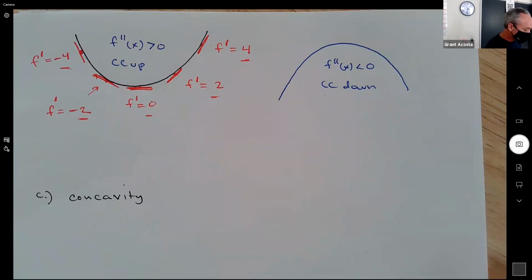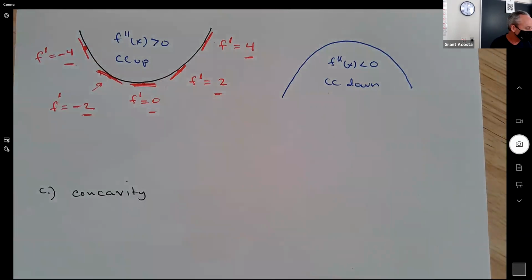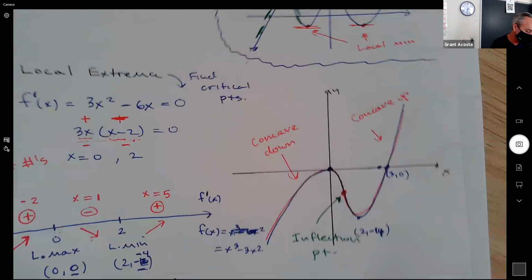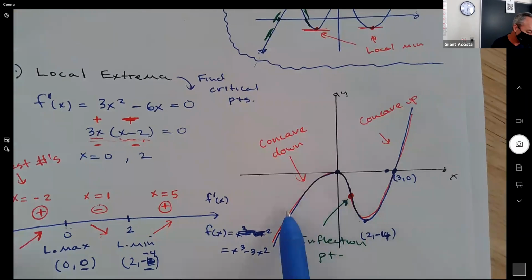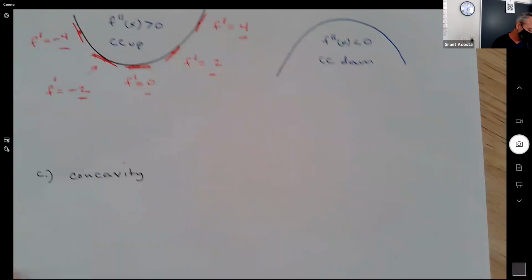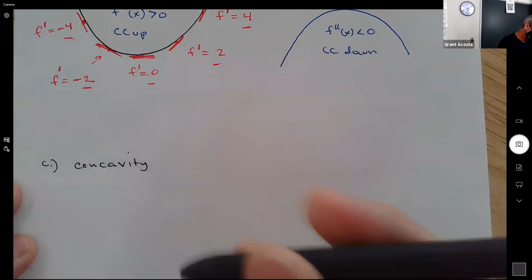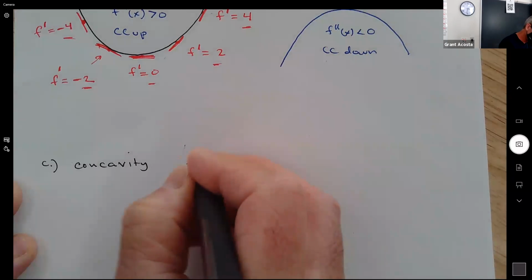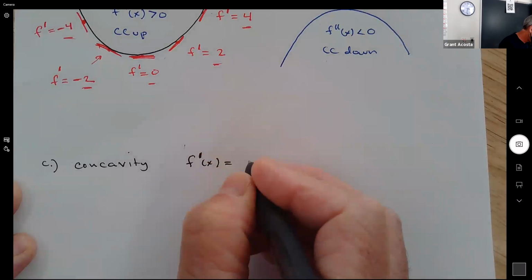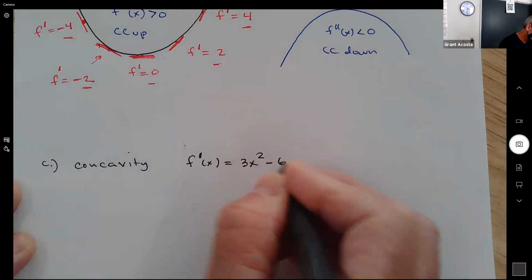Okay, so all of that was just a little background. So how we're going to find the concavity, I need to keep this paper handy. We want to locate this point and identify where the graph is concave up and concave down. We're going to go to our second derivative. Now remember our first derivative was 3x squared minus 6x.